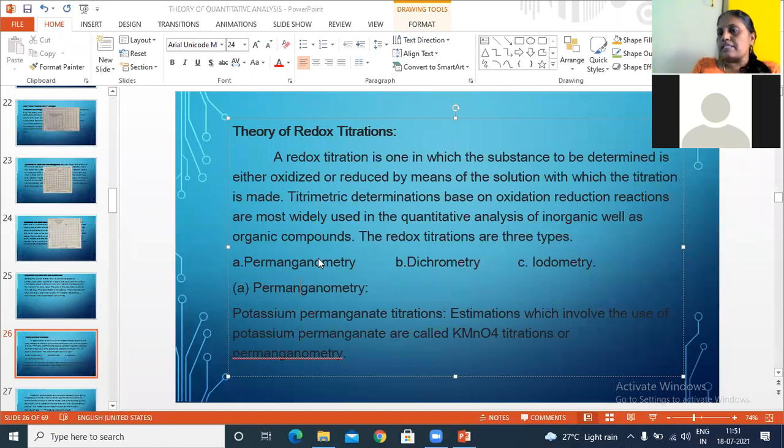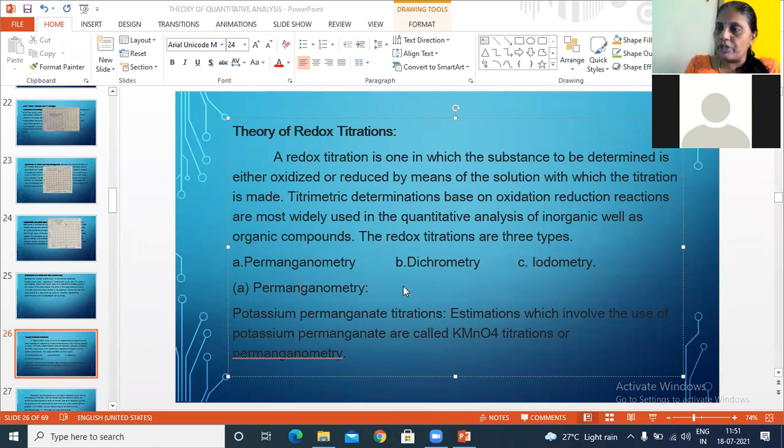So if one substance is potassium permanganate, then the titrations we can call permanganometric titrations. Estimations which involve the use of potassium permanganate are called KMnO4 titrations or permanganometric titrations. Then dichrometry.